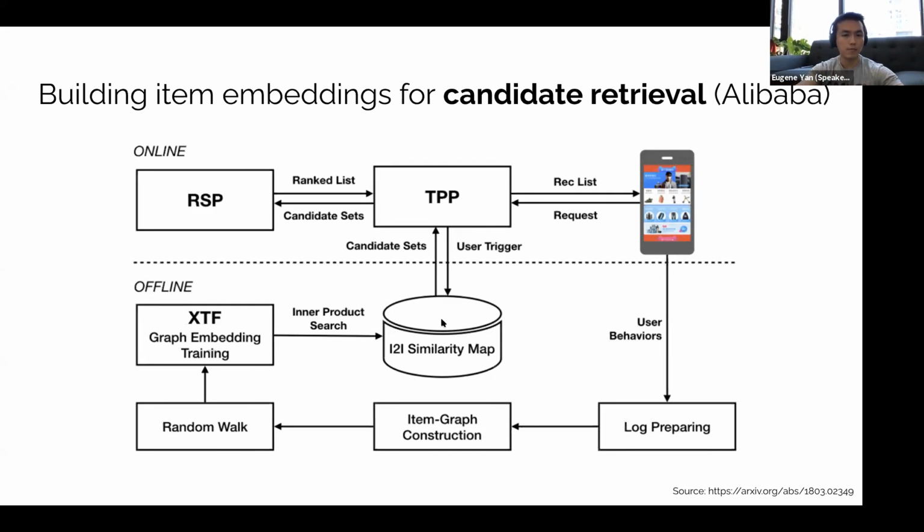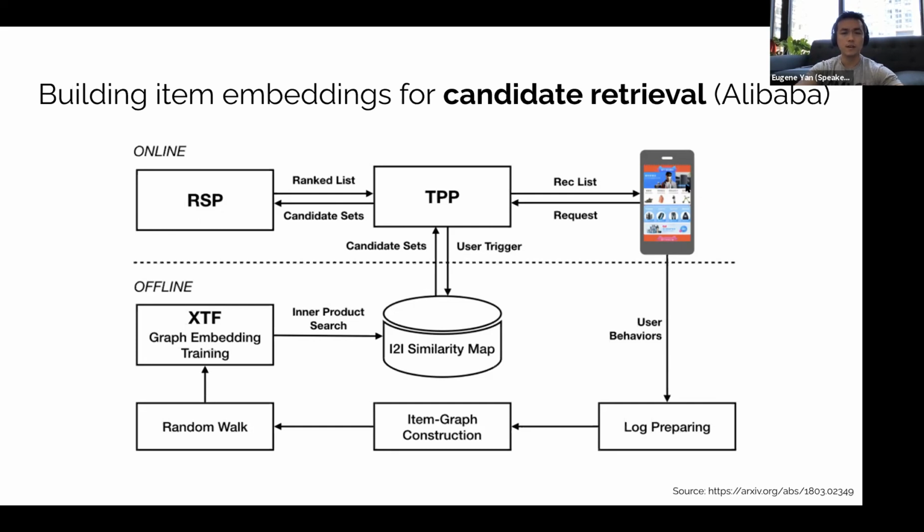From those items, I retrieve candidates. Given any item, I could probably retrieve 100 or 200 candidates, and these candidates are then sent back to TPP. Once TPP gets these candidates, it sends them to the real-time ranking service platform, RSP, and this ranking service platform ranks them via a deep neural network before returning a ranked list to the user.